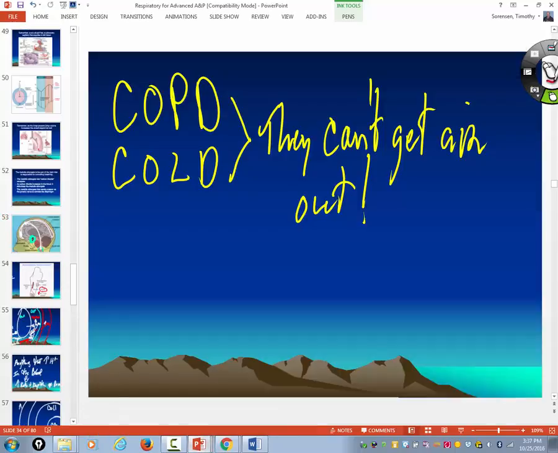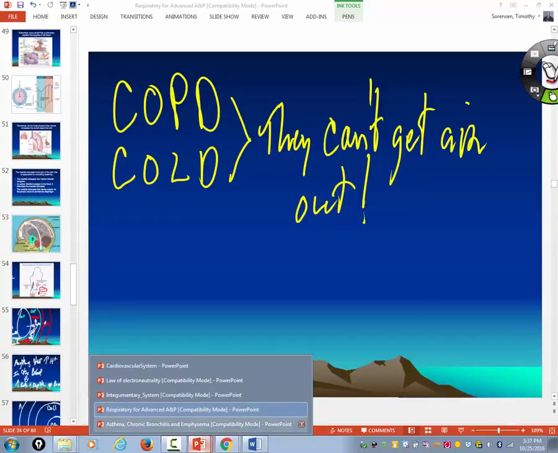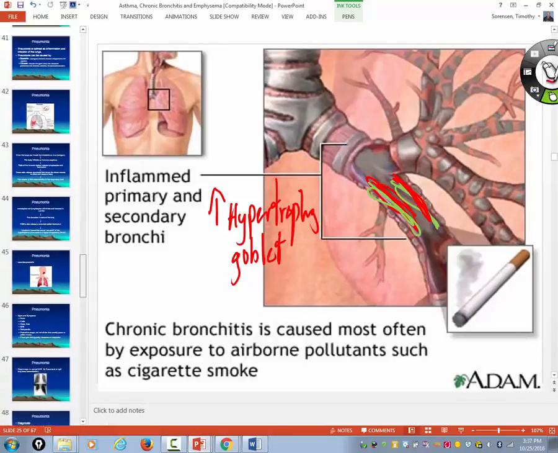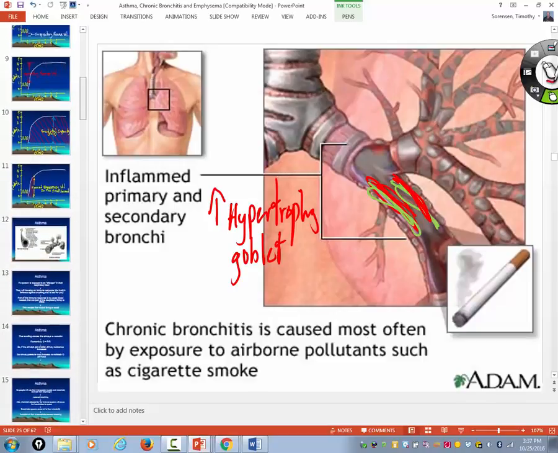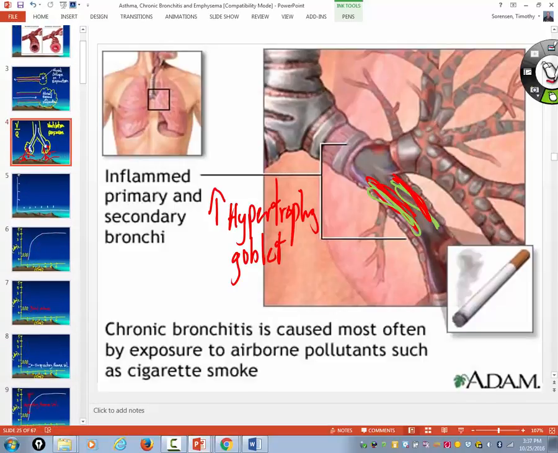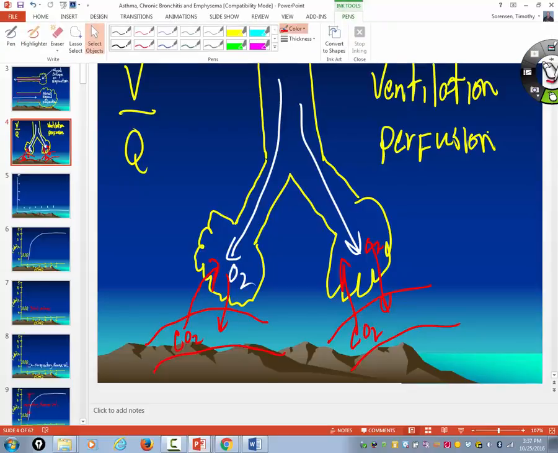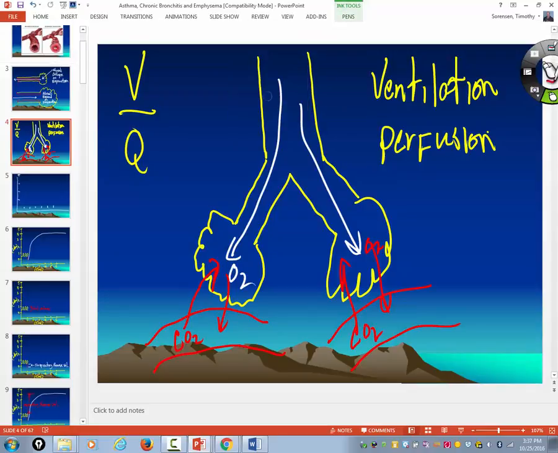So if you look, where is it? Did I do it here? Oh, okay. So watch. What happens is this, is that there is buildup of mucus in the lower airways.